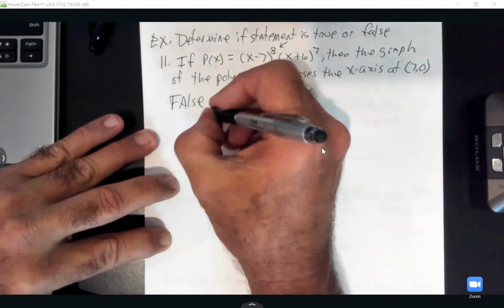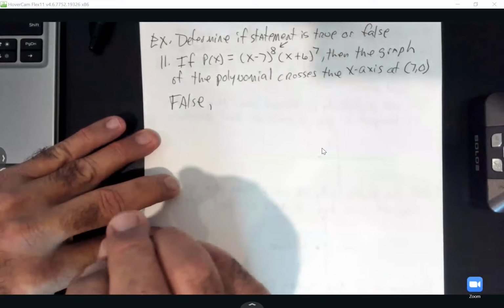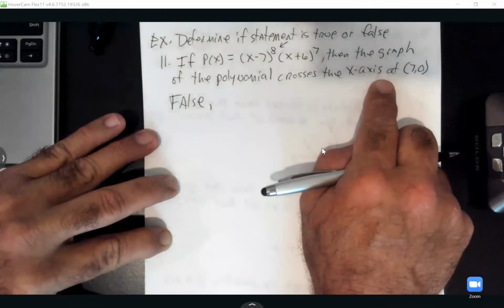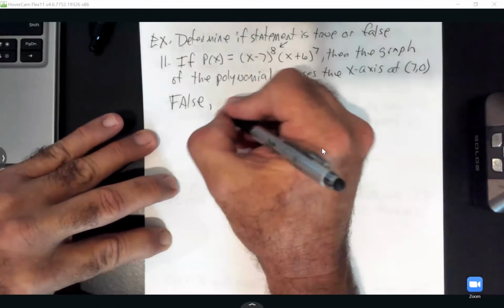So it's false because the exponent is even.